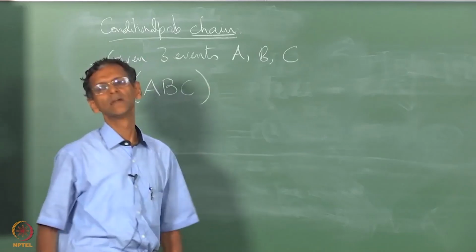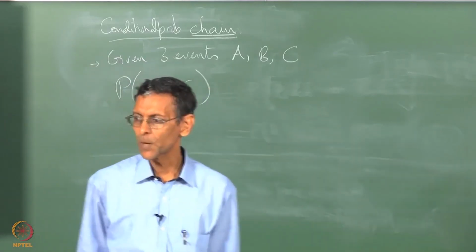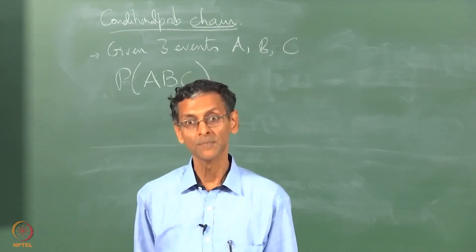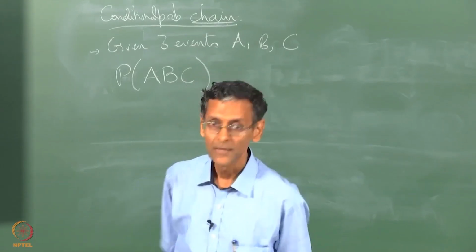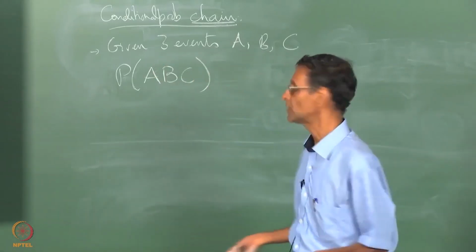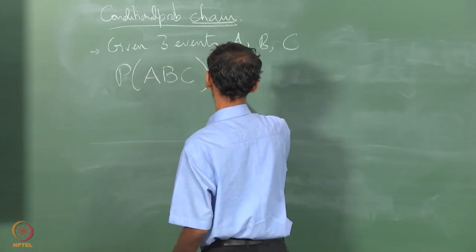This is the joint probability of observing A, B and C in a particular trial, all 3 of them. You are assuming that this joint probability is non-zero, that in fact you can observe the 3 events jointly.